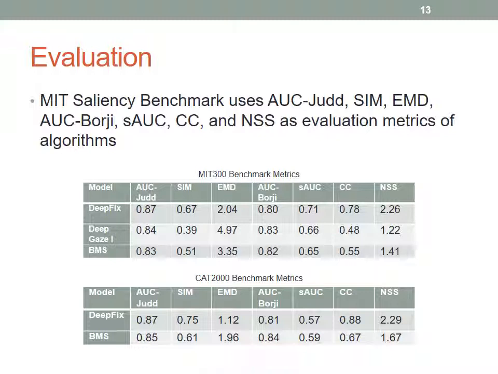Also, for the area under the ROC curve, a 1 is basically all true positives with no false positives, so that would be a perfect score, with 0 being the minimum, where you're having all false positives and no true positives. And then CC stands for the correlation coefficient, so that's similar to the Pearson's linear coefficient.